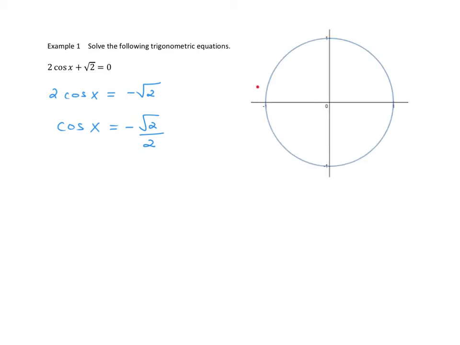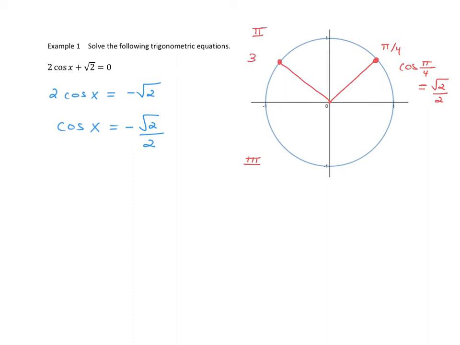So I brought in a unit circle to help me figure out where this could be true. For starters, I know where cosine of x is equal to positive root 2 over 2. That's here at pi over 4. So cosine at pi over 4 is not negative root 2 over 2, but positive root 2 over 2. But once you know this, and the fact that cosine is negative in the second and the third quadrant, that gives you 2 other angles that you can use.